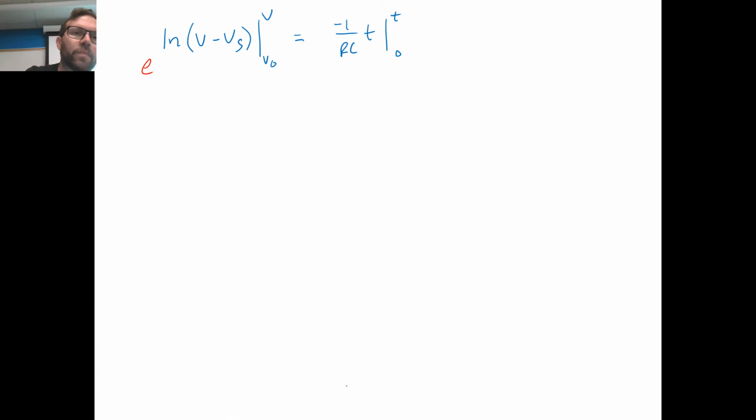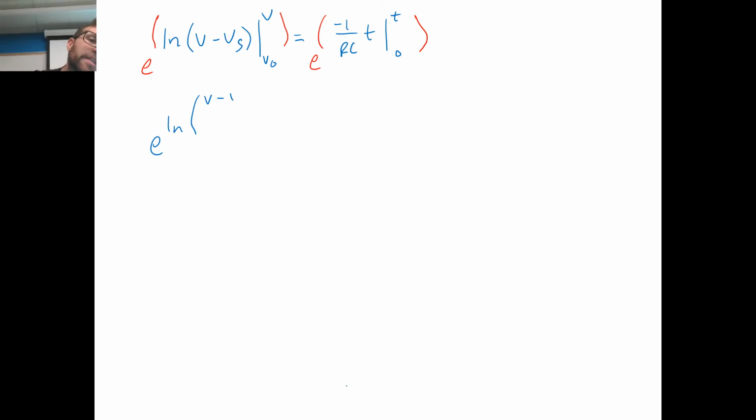So we're going to do an e to the power on both sides, and then we'll plug in the limits at the same time. So we get e to the ln of V minus Vs over V naught minus Vs, is equal to e to the minus 1 over RC times t.